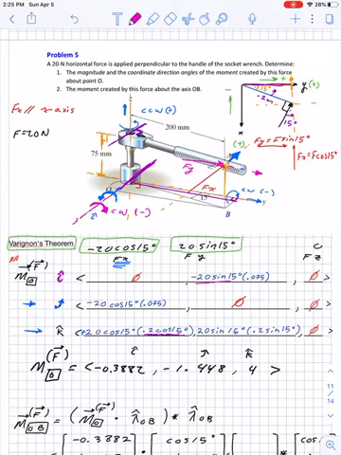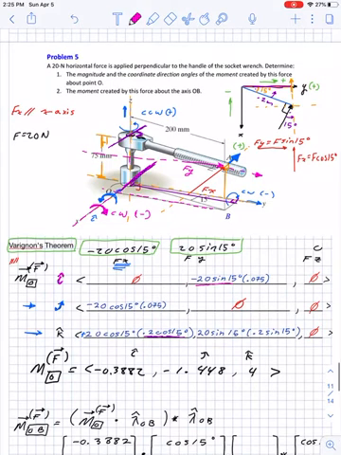And now we need to find the moment arm again. Notice that this force is really along this path. What is going to be the minimum distance from that force to the x-axis?